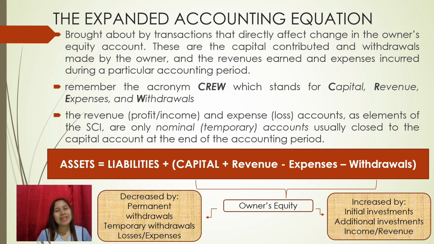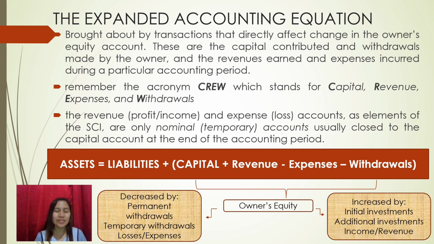So under the expanded accounting equation, assets is equal to liabilities plus capital plus revenue less expenses less withdrawals. There are either increase or decrease effects in the owner's equity. So what are the transactions which would decrease the owner's equity account? This could be both permanent and temporary withdrawals, and also any possible losses or expenses.